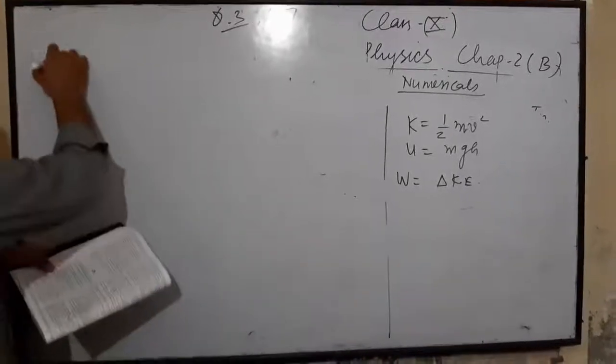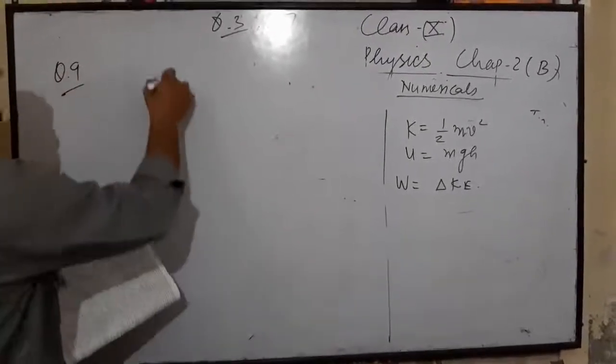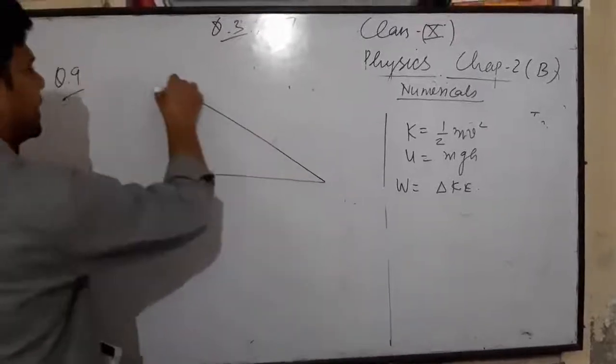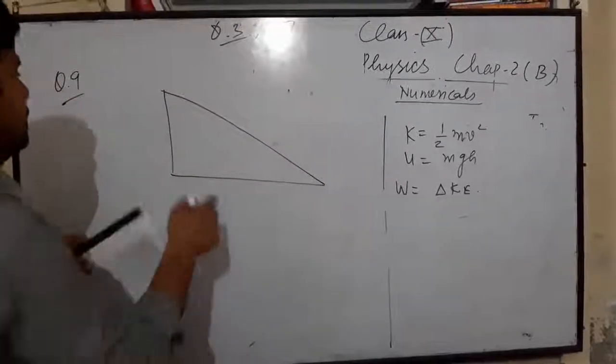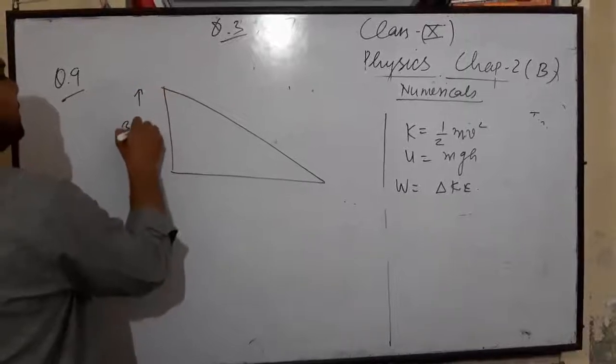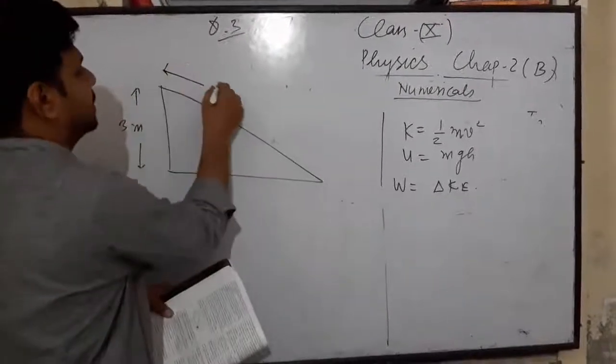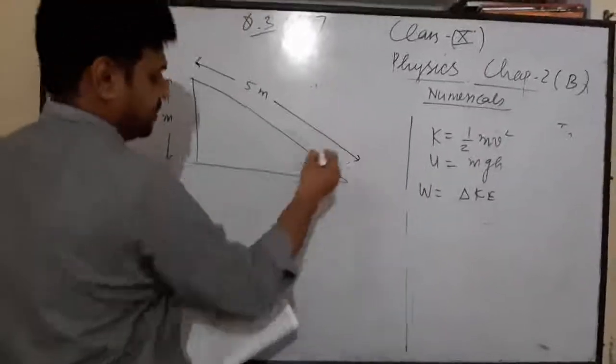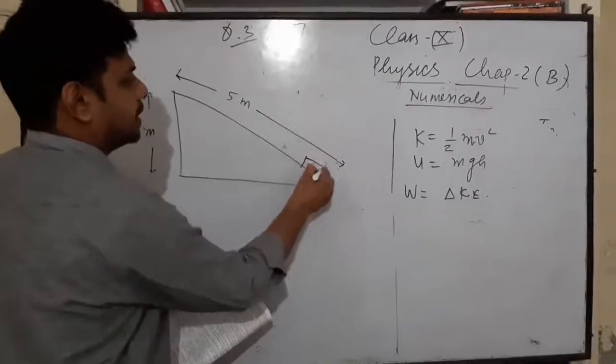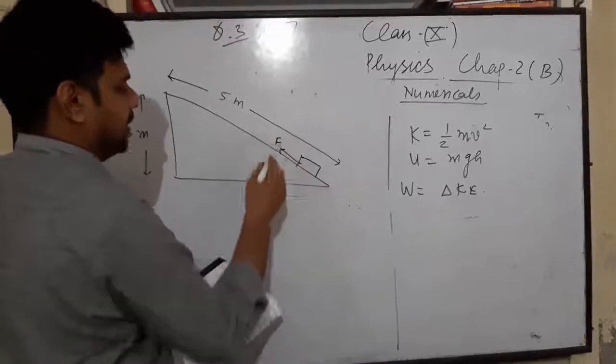Now question number 9. We have an inclined plane like this. The height of the inclined plane is 3 meter, and this is 5 meter, and a force is applied like this.